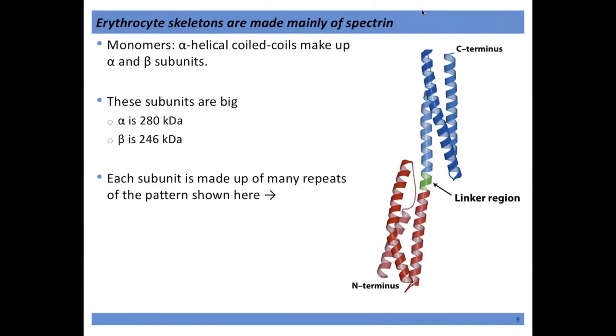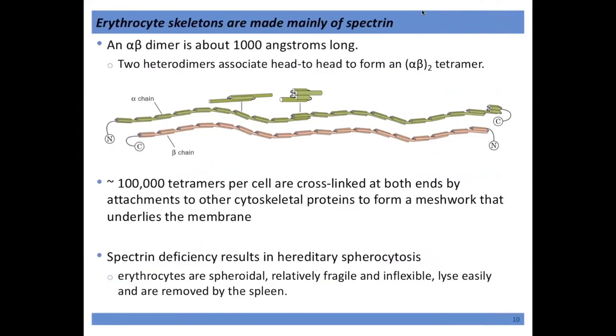Now, I spent way too much time trying to figure out the book. I think they, let's just put it this way, did a poor job of explaining this. And so I'm just going to leave it at that: the erythrocyte skeletons are made mainly of spectrin. I had to go back to the original paper to try to figure out what this drawing even means.